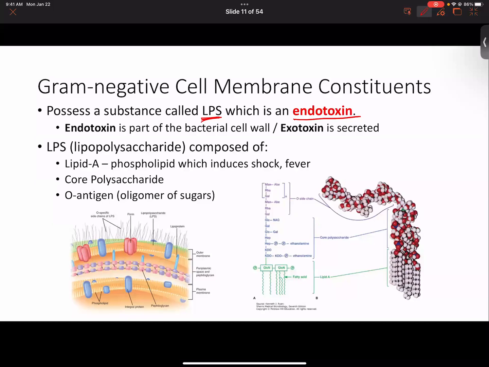And if there's enough of it, it can start to interact with components of your innate immune system. Your innate immune system, one portion of which is the toll-like receptors, recognizes the presence of peptidoglycan. It recognizes the presence of double-stranded RNA. It recognizes the presence of lipid A.